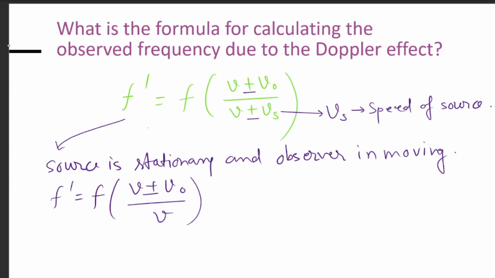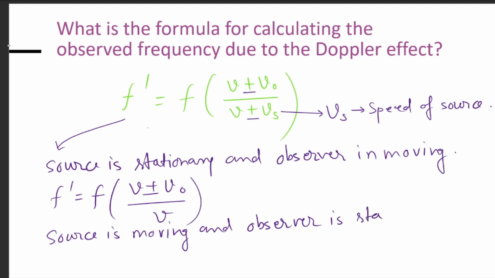And now the second condition could be, when the source is moving and the observer is stationary. In that case, I can write f dash is equal to f times v.